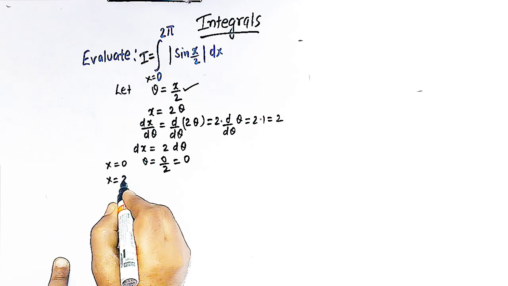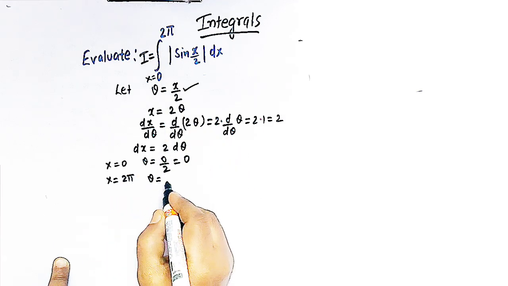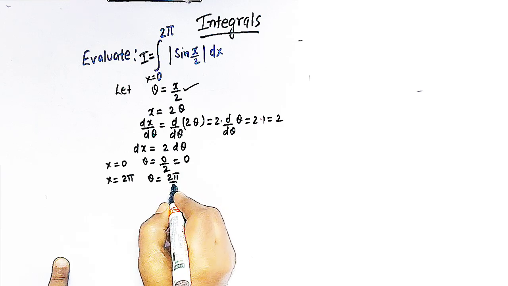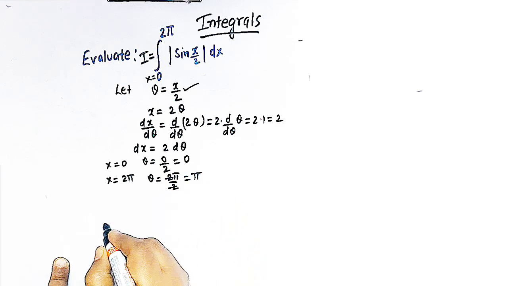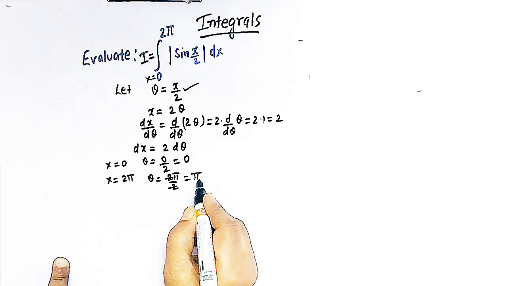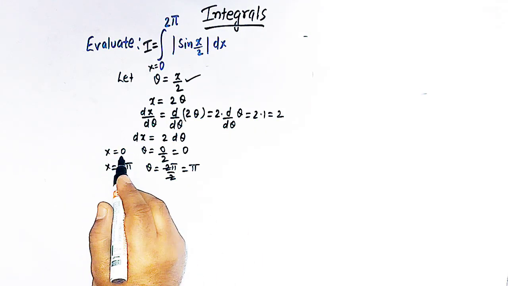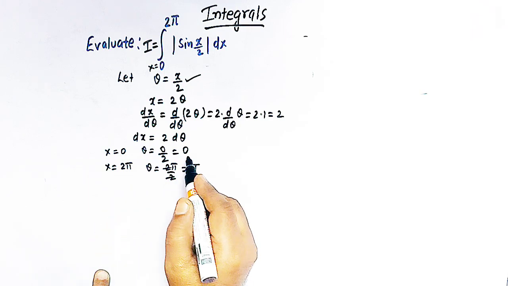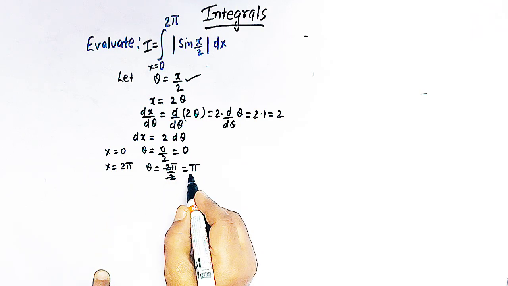And when x is equal to 2 pi, then theta is given by 2 pi over 2, and 2 and 2 get cancelled, so we have theta is equal to pi. So now when x varies from 0 to 2 pi, then theta varies from 0 to pi.